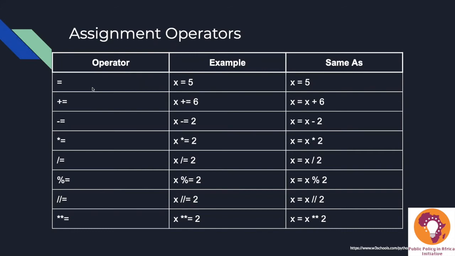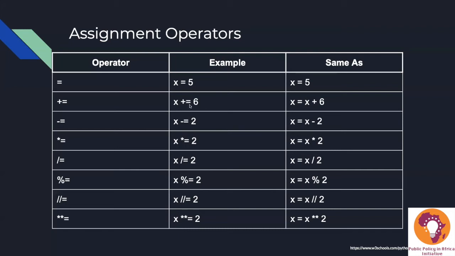But then we can also combine any of our arithmetic operators with our assignment operator so that we can cut down on the amount of code that we have to write. So we can use the plus equals operator. That basically means take x and do x plus 6, and then assign the result to x.